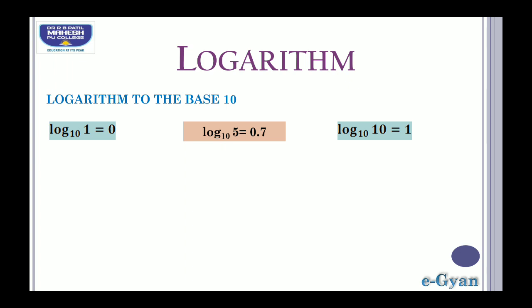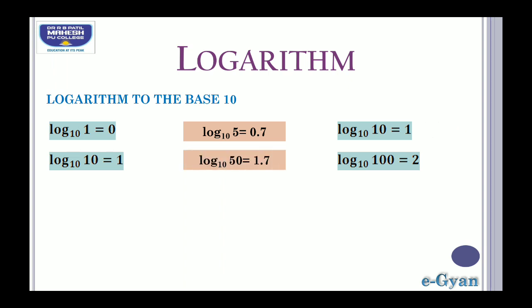So therefore, log of 5 to the base 10 is equal to 0.7, where 0.7 is a number between 0 and 1. Log of 10 to the base 10 is equal to 1, and log of 100 to the base 10 is equal to 2. If we apply log to any number between 10 and 100, its value will be between 1 and 2. So log of 50 to the base 10 is equal to 1.7.